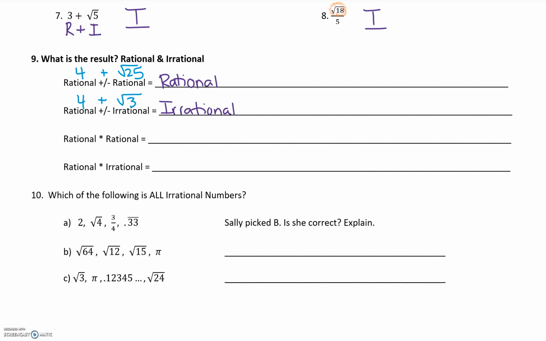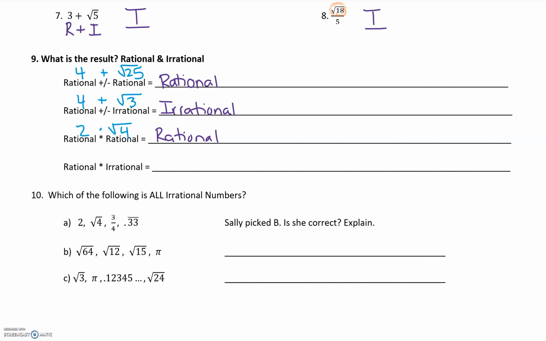Okay? If we have a rational number times a rational number, this will always be rational. An example would be 2 times the square root of 4. The square root of 4 is a perfect square, so that's rational. Then that's just going to give us 2 times 2, which is 4.